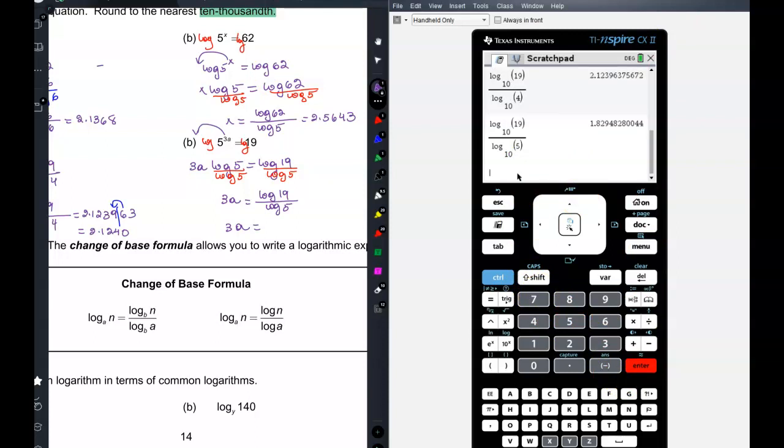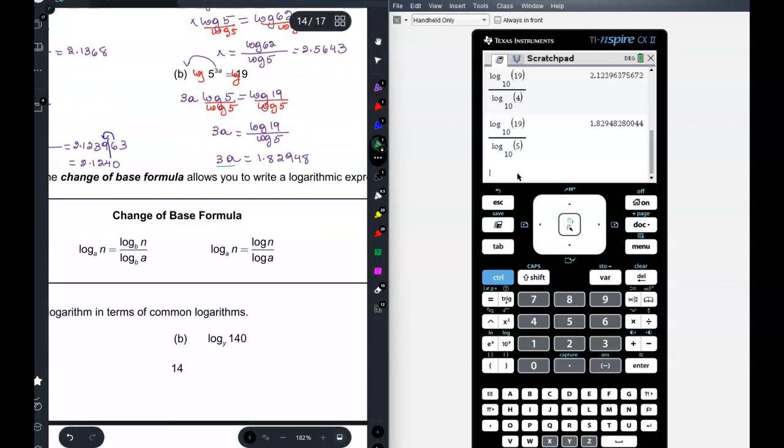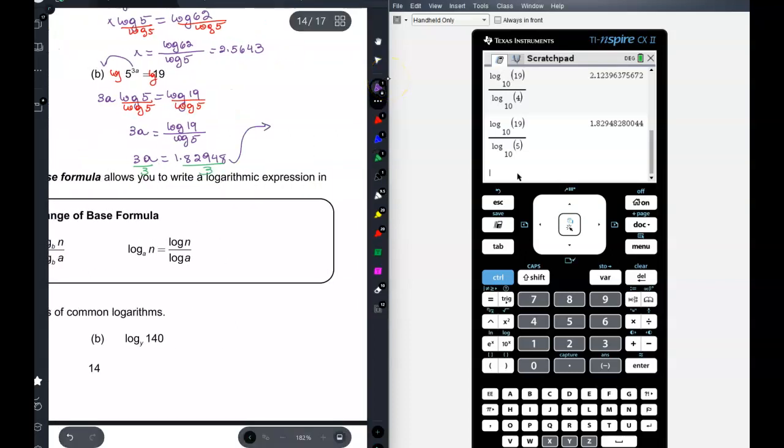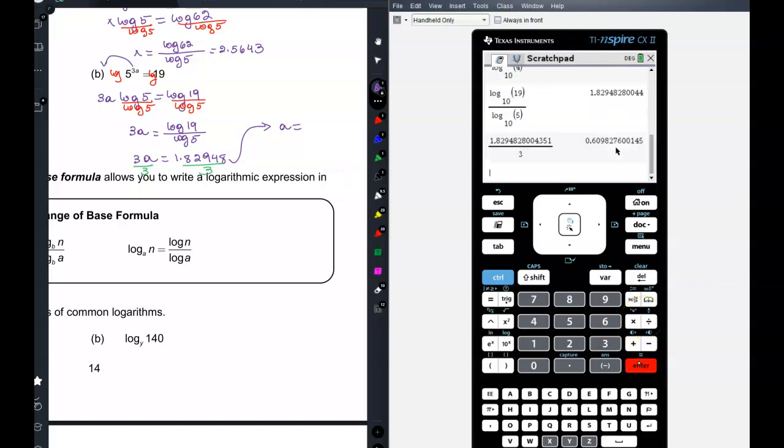Oh, look at that. I get 1.82948. Okay, but I need to solve this for a. So I got to divide by 3. I get a is equal to. Now, don't type in the numbers again. Just press divided by 3. 0.609827. I'm going to round it to the 4th decimal place, 0.6098.